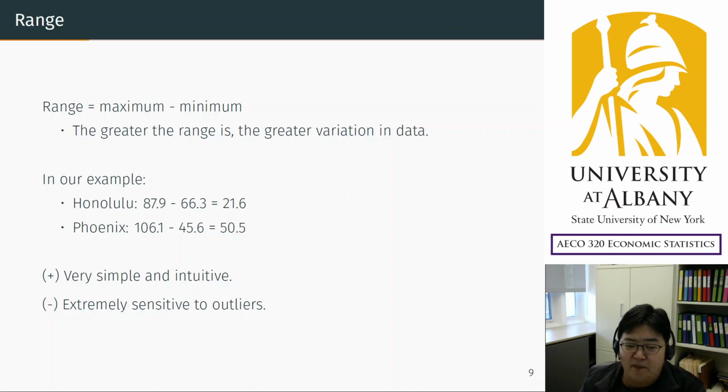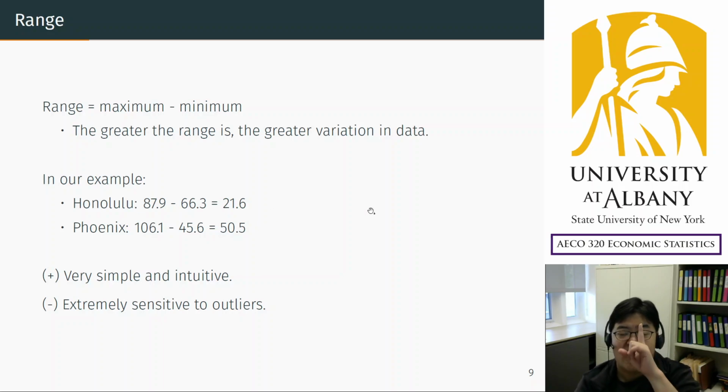However, a big problem is that it's extremely sensitive to outliers. For example, just assume that you mistyped 66.3 as 663. Somehow you forgot to put a dot here, right? So suddenly it becomes the maximum, 660, and then the range will be nearly 600.